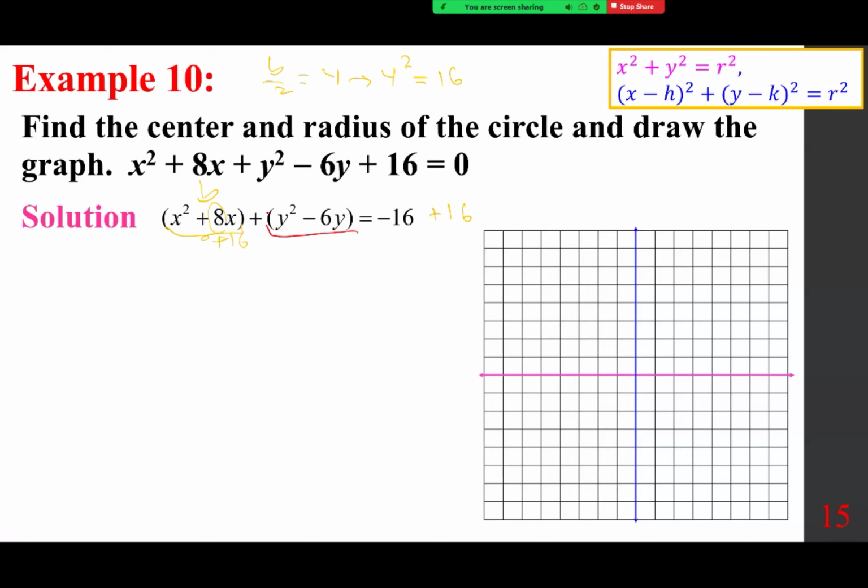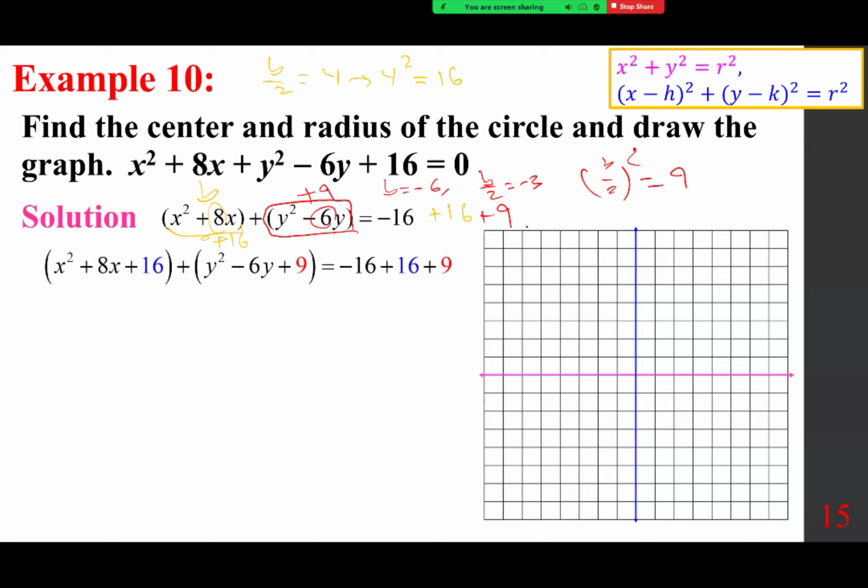For this one, b is negative 6. Divided by 2 is negative 3. Squared is positive 9. So you need to add 9. And so this is what you get: 16 for the first, 9 for the second.